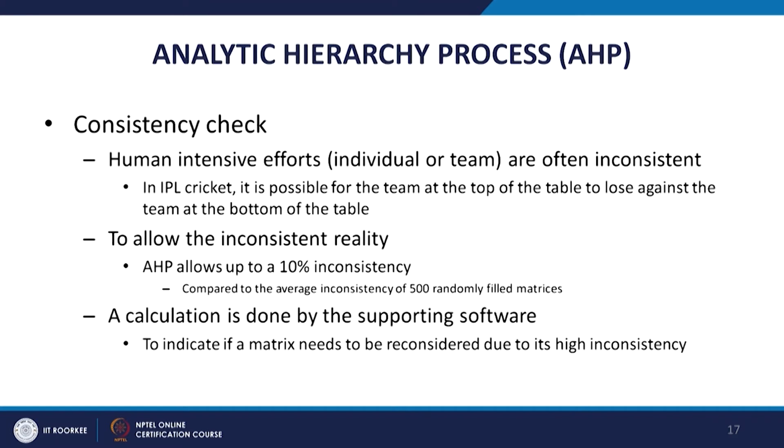AHP specifically allows up to a 10% inconsistency. So, compared to the average inconsistency of 500 randomly filled matrices, we compute the inconsistency level. If it is below 10%, then that is typically allowed in AHP.